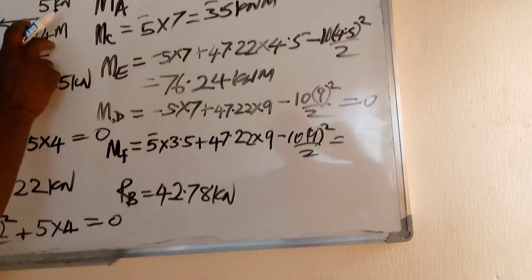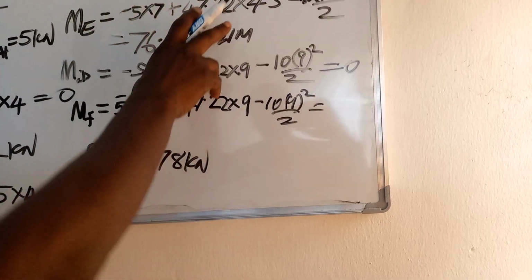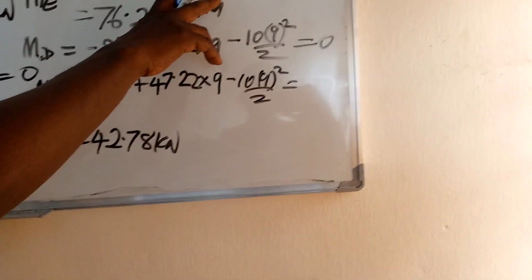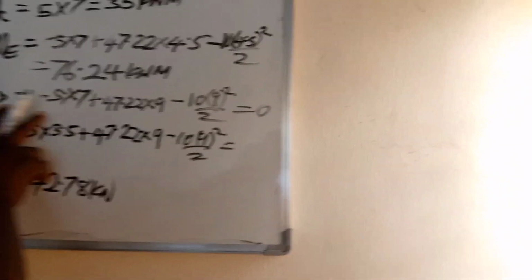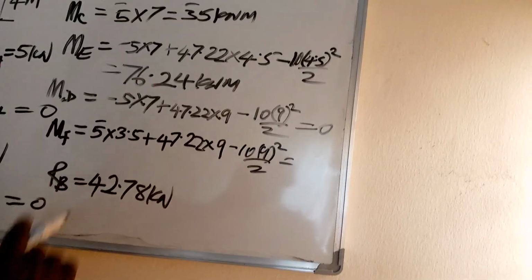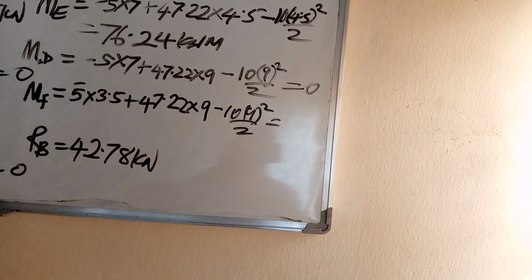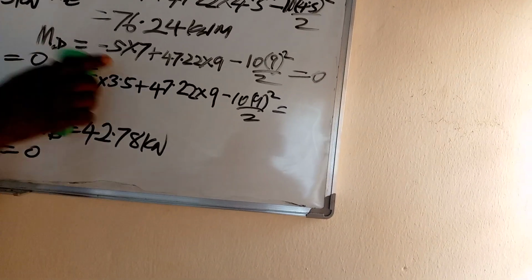This is 4, not 3.5. When I was trying to get D, I had this times 9, yes, and here it is 4, because the distance is not at the middle.